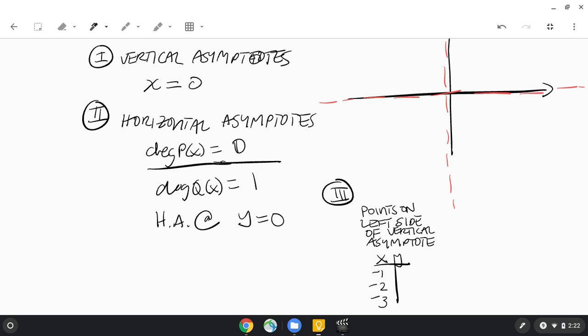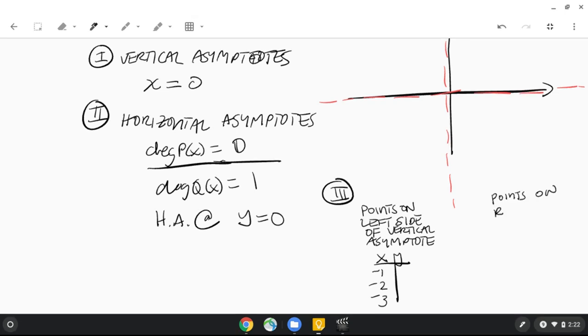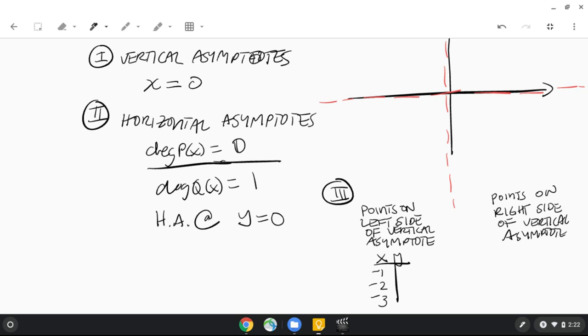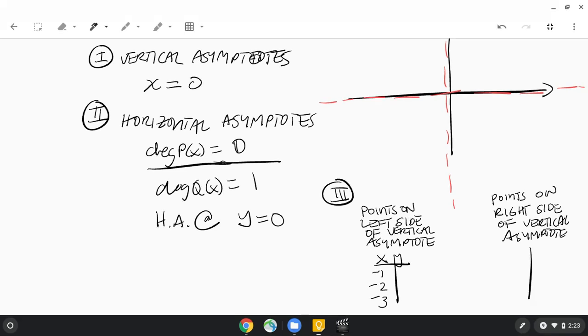And then I will choose points on the right side of the vertical. Again, I can't choose 0, so I'll choose +1, 2, and 3.